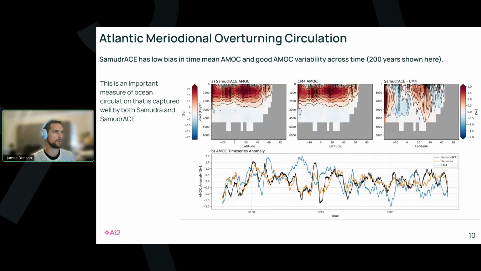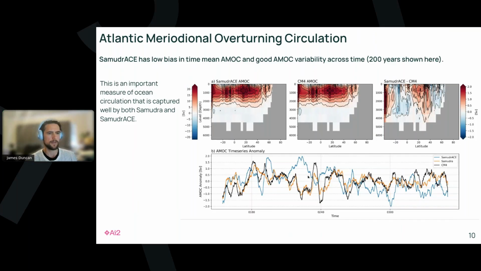And we also see that in terms of the ocean vertical structure, Samudra does a very good job of emulating CM4. It has a low bias in the time mean. Here I'm showing the Atlantic meridional overturning circulation over a 200-year simulation. And so here's this time series showing the anomaly of the AMOC. I think this is the maximum value at maybe 30 degrees north.